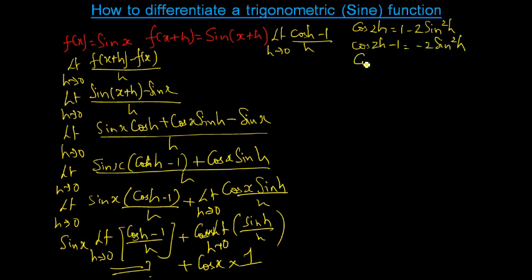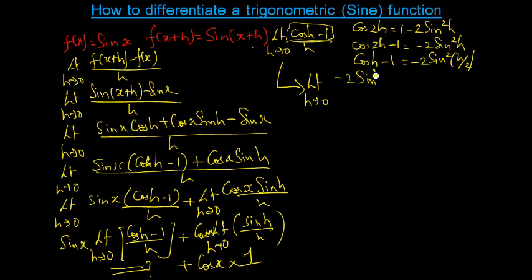If it is h instead of 2h, then in the place of h we'll have half of h. 2h becomes h, therefore h becomes half of h. I'm going to substitute this in this place. So this becomes limit h tending to 0 of minus 2 sine square h over 2, divided by h.